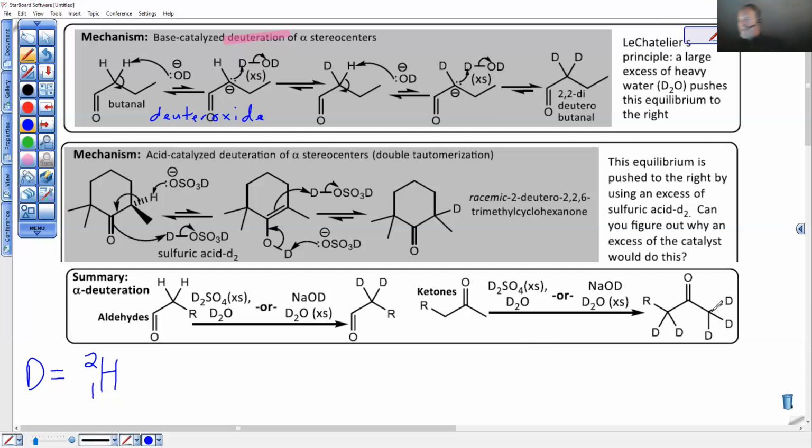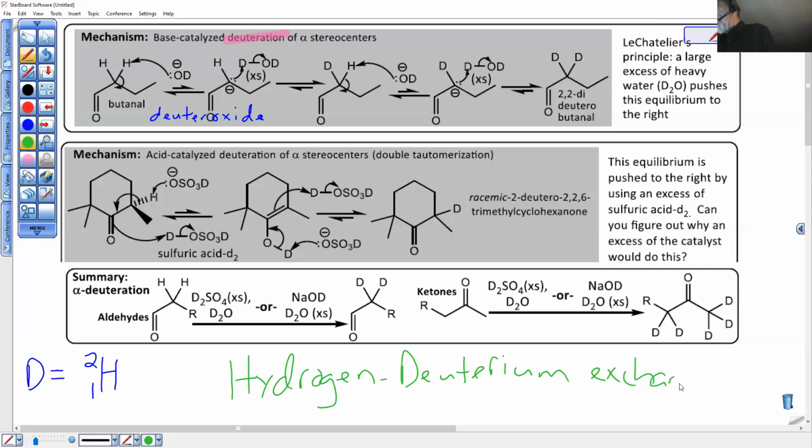You can't do it unless there's a hydrogen there, right? So hydrogen deuterium exchange would be a good summary of this, because that's exactly what's going on.